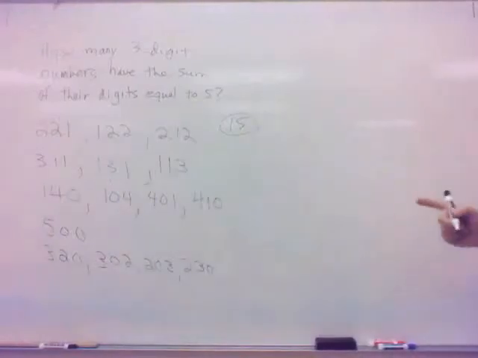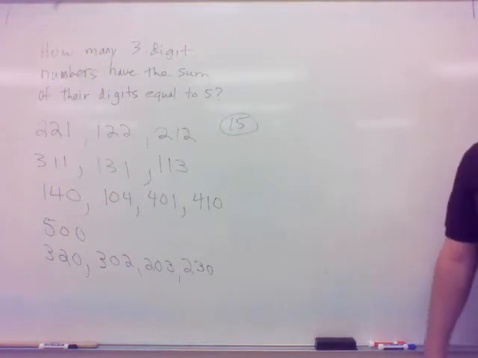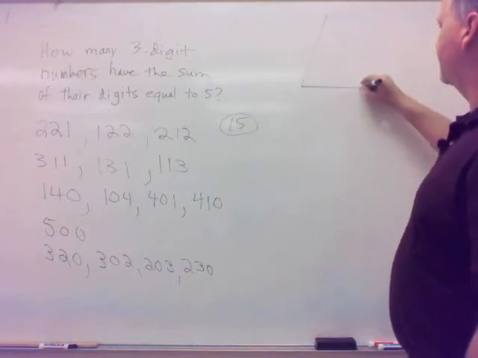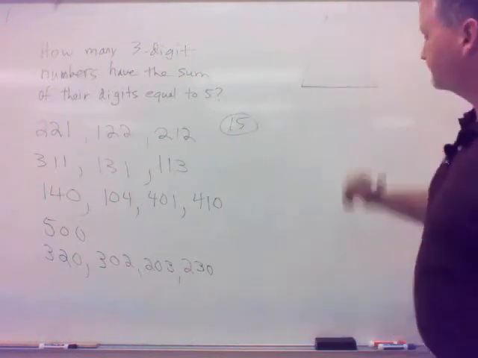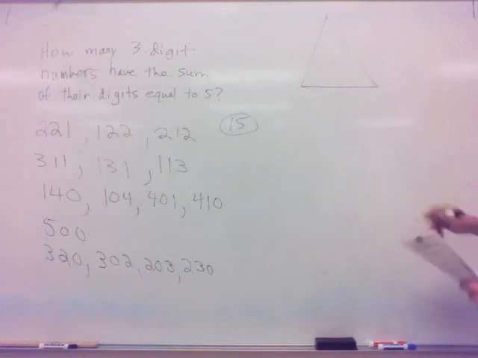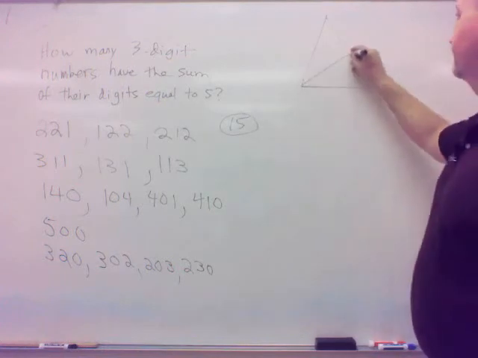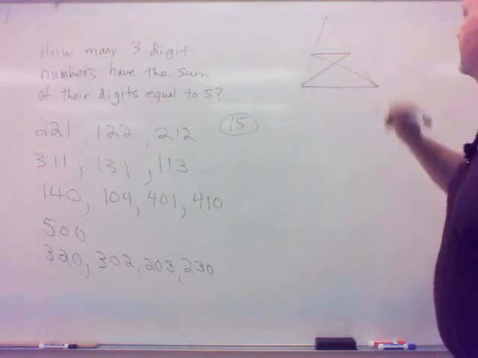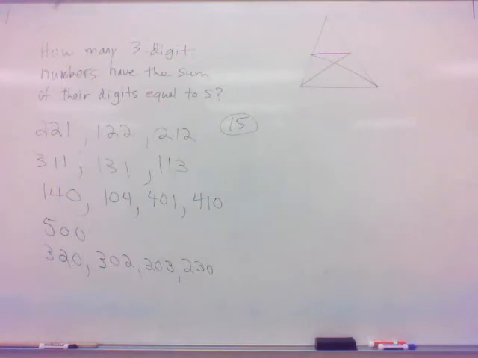Now, this last one here on the listing, you probably might have seen a problem similar to this before. But let's say I've got a triangle, and then there's some lines on the inside of this triangle like this. Crisscross, kind of like that, and then one straight across there.